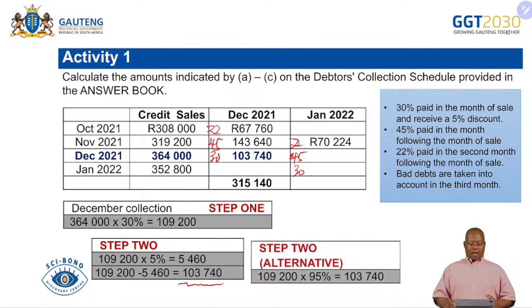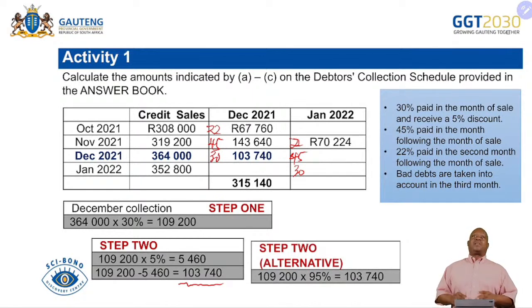Very important. But we can do this in one simple and smooth step. The alternative step. We can just say 109,200 times 95%. Remember, we want to collect what percentage? If we are giving a discount of 5%, it means we are going to collect 100 minus 5. We are going to collect 95%.